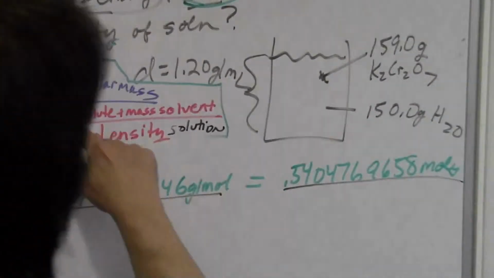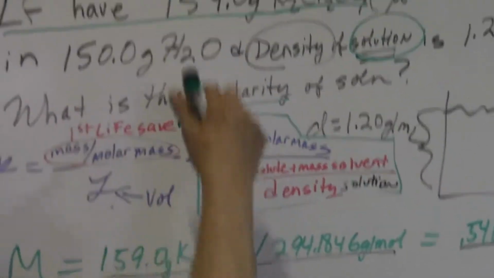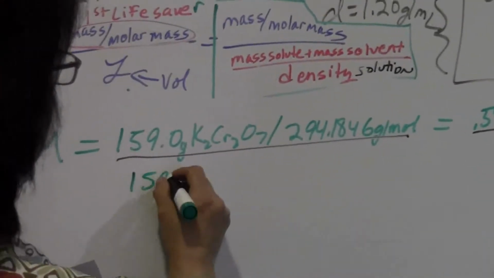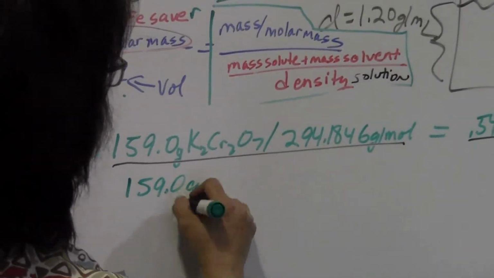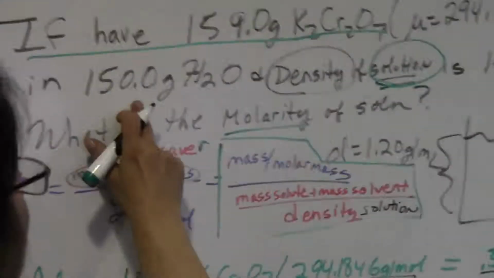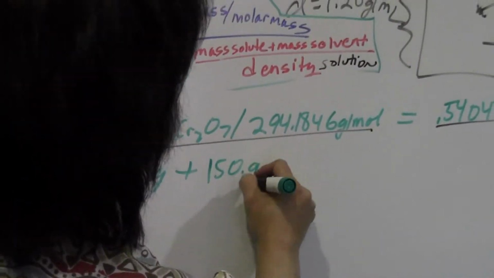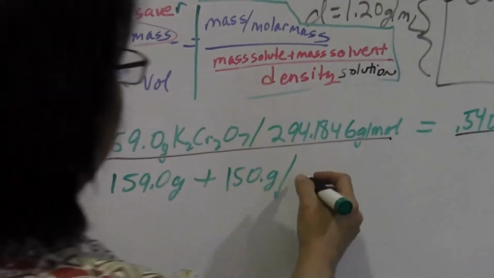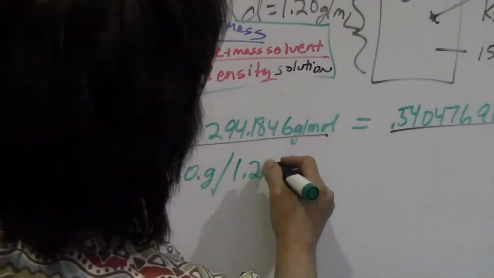So we're going to divide by the mass of the solute, which they gave us, right here, 159.0 grams, plus the mass of the solvent, which is 150.0 grams, and we're going to divide that by density, and they gave us that at 1.20 grams per milliliter.